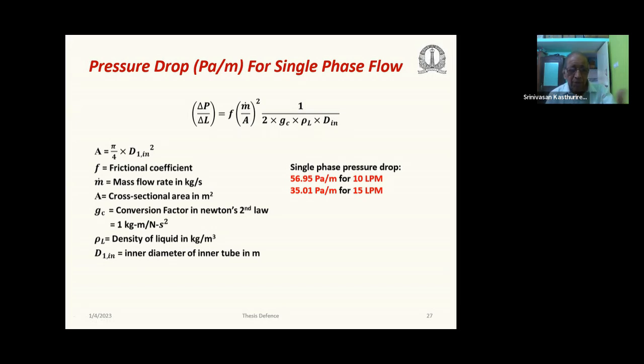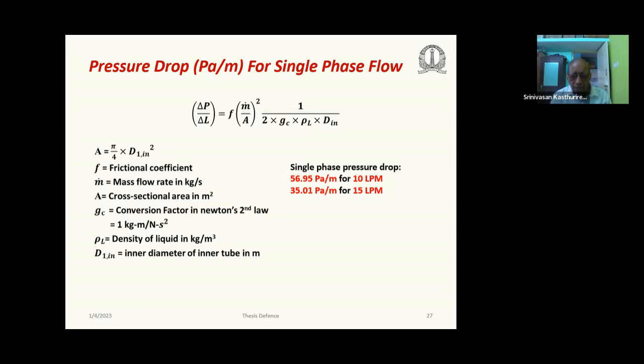We have seen in the previous part that the friction coefficient depends upon the type of flow occurring: the Reynolds number below 2,300, 3,000 to 50,000, or beyond 50,000. These values are already available, and you have to substitute them for delta P by delta L. So for a single phase flow system, you can calculate the pressure drop in Pascal per meter.